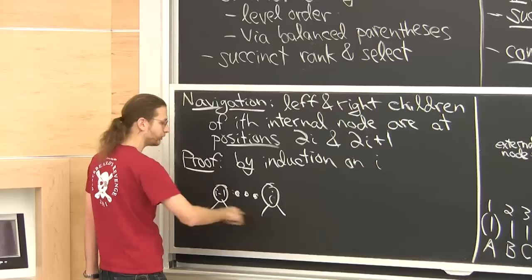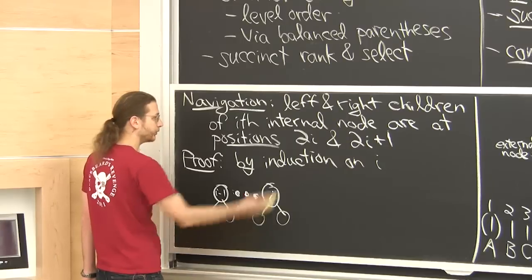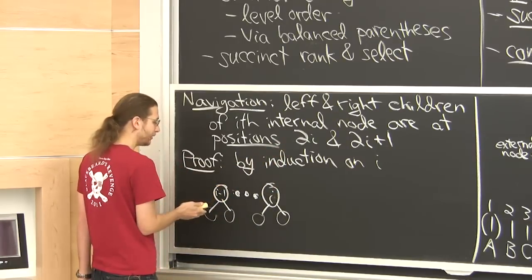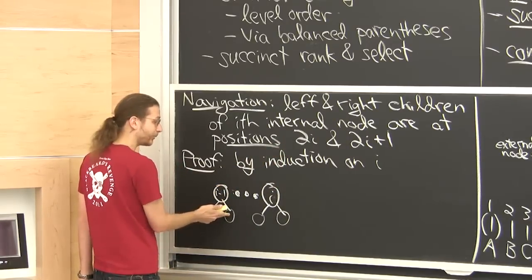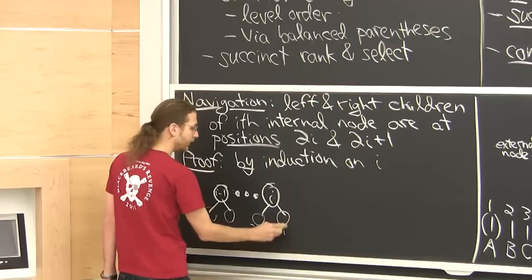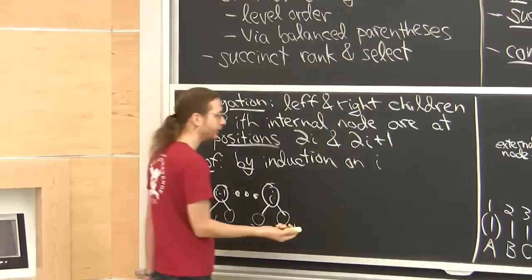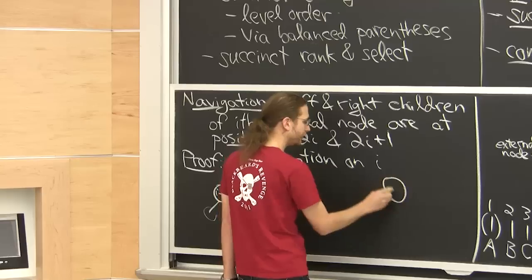So we have these 2 guys. The next nodes at this level are going to be these 2 guys. So this one appeared at 2i minus 2 and 2i minus 1. This one will appear at 2i and 2i plus 1. This is if i and i minus 1 are on the same level, but it also works if they're in different levels.